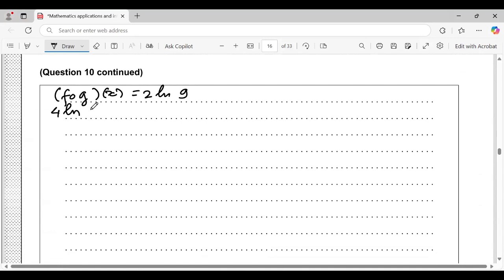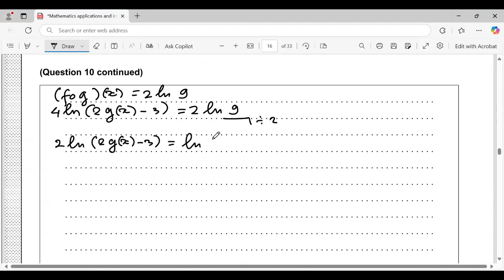If divided by 2 on the left-hand side and right-hand side, it becomes 2 ln(2g(x) minus 3) equals ln 9.